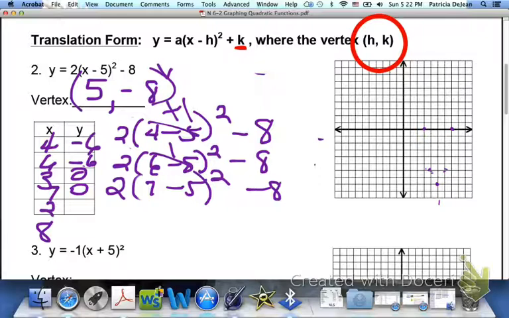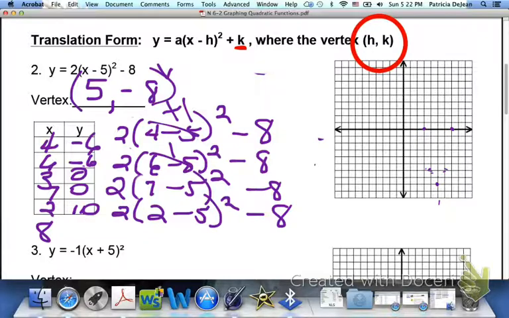Okay. All right, so now let's look at 2. 2 times 2 minus 5 squared minus 8. That's -3. That's 9 times 2 is 18 minus 8, so that's going to be 10.